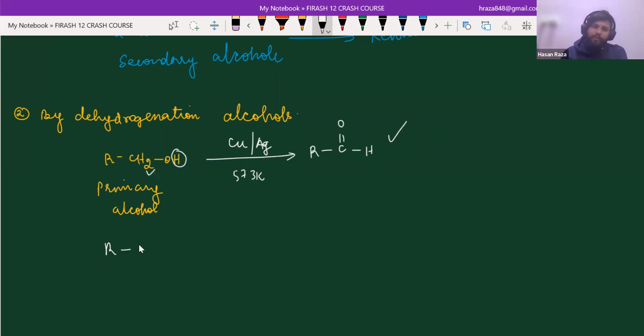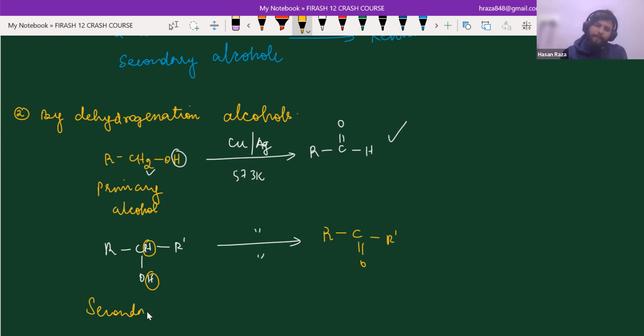And if you have a secondary alcohol, same, then the hydrogen from here and hydrogen from here will be eliminated, and you will again get a ketone. So secondary alcohol will give you ketone, and primary alcohol will give you aldehyde, right?